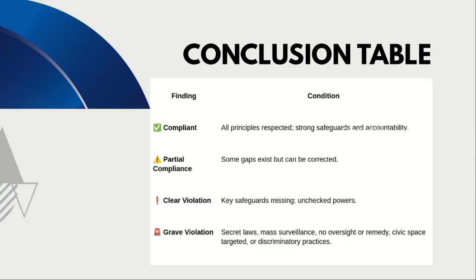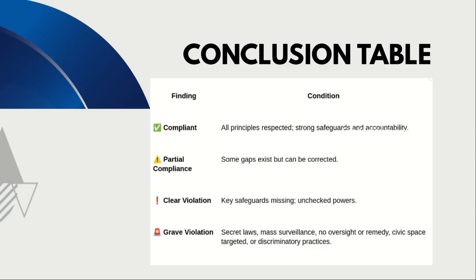If key safeguards are missing, if there is unchecked power, if the principles fail, then this is clearly a concerning situation. And if there are secret laws, mass surveillance, and no oversight or remedy available, civic space is targeted, or there are discriminatory practices, then this means there is a clear and grave human rights situation in regards to digital and privacy rights.